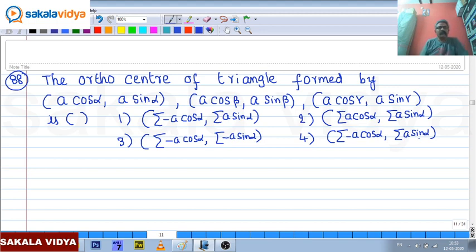Right. See, the orthocenter of the triangle formed by a cos alpha comma a sin alpha, a cos beta comma a sin beta, a cos gamma comma a sin gamma.